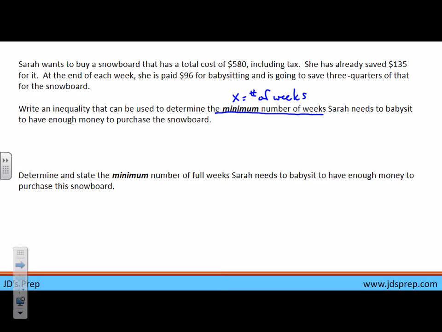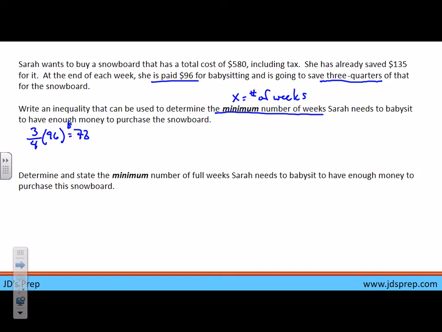In the problem, the information that tells us how much money she's getting each week is the $96, but she is only going to be saving 3/4 of that for the snowboard. So if we have 3/4 of 96, that means she is going to be saving $72 each week for the snowboard.